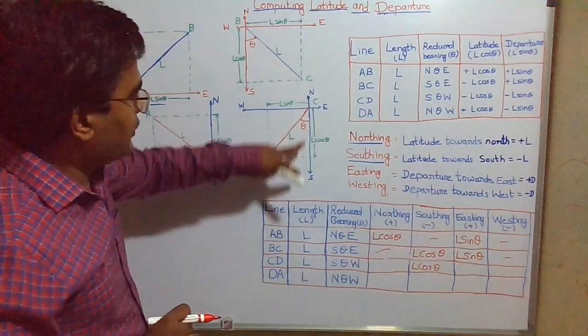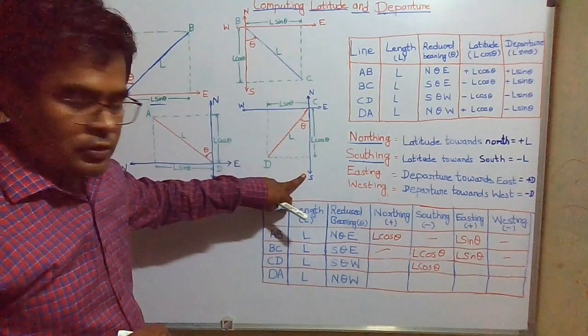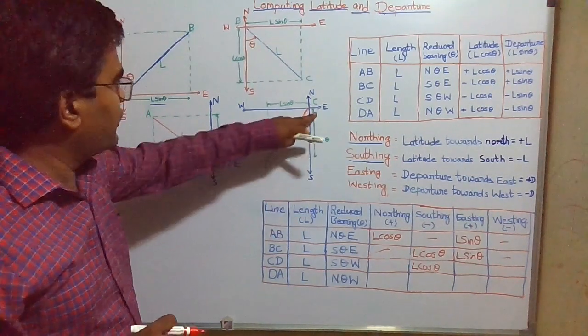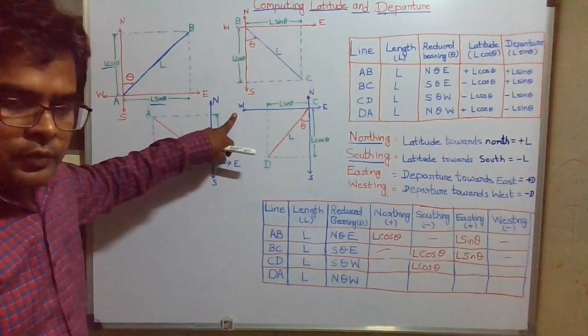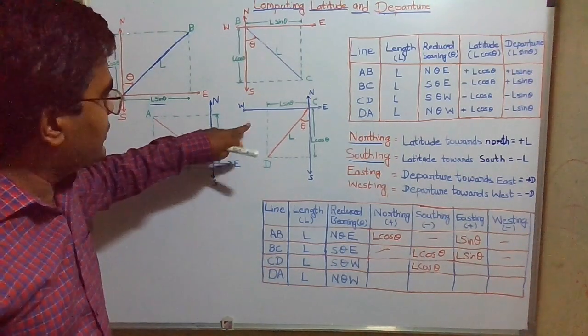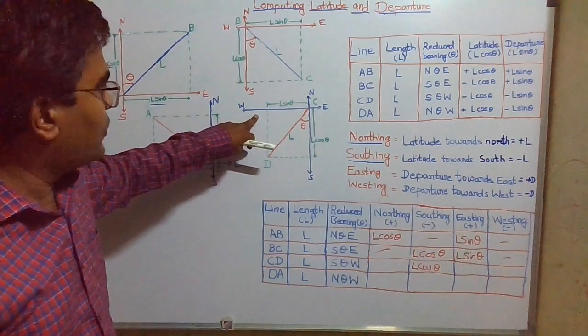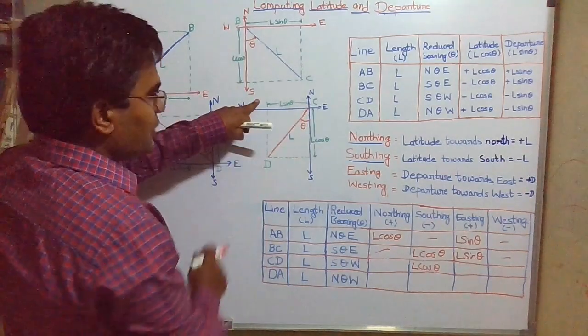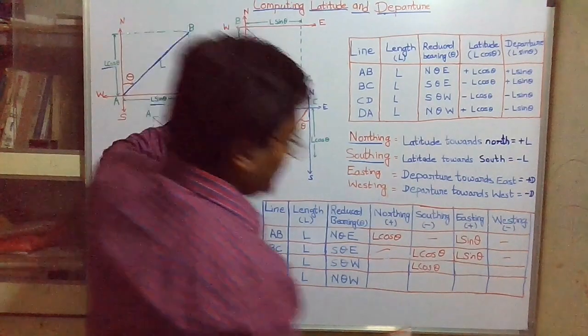The departure is along west, so it is westing. So for line CD we write L sin theta in the westing column.